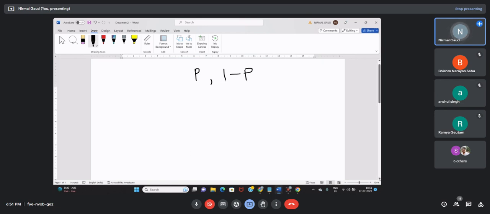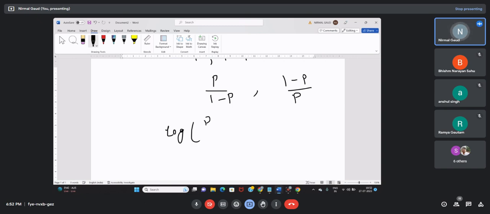Then we have calculated odds. So odds for success is given by p upon 1 minus p, that is the ratio of success to the failure, and odds of failure is given by 1 minus p upon p. That's what we have calculated. Okay, and then according to the logit function we calculated the log of odds, so log of p upon 1 minus p.